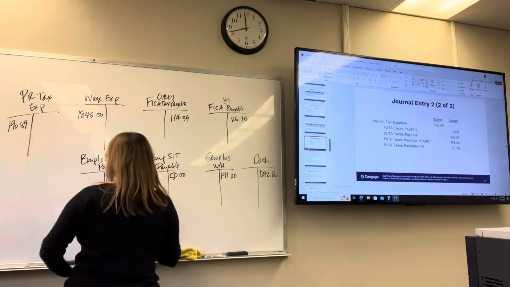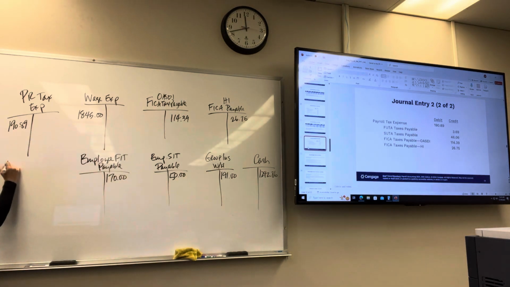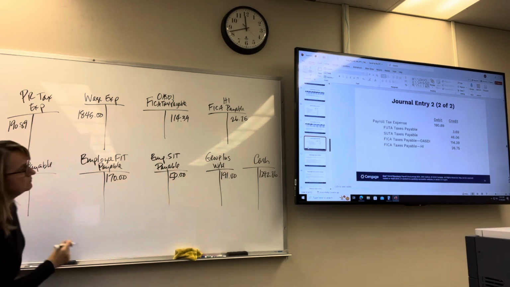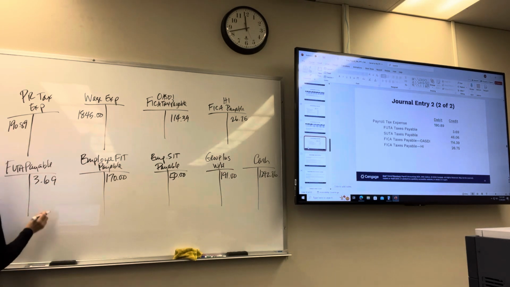So FUTA taxes payable and SUTA taxes payable. $3.69 and SUTA payable, $46.06.